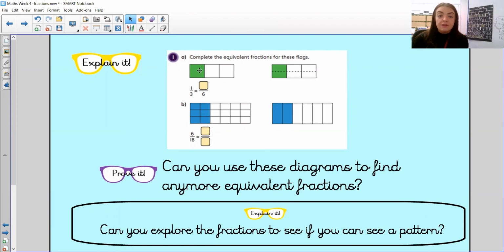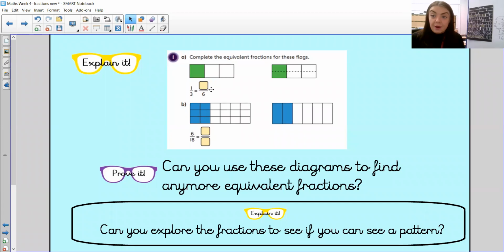So what I'd like you to do is to complete the 2 that are in the question, but then use that same diagram to see if you could find any other equivalent fractions that you could then also add to this long line of them here. So once you've had a go at those two, you can then come on back and we will get on with today's learning.